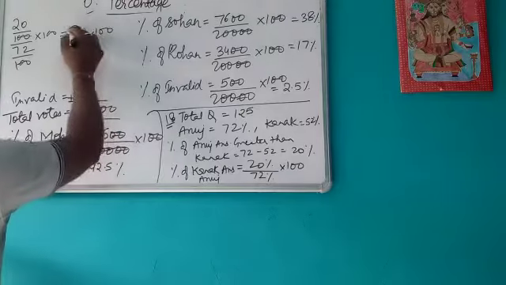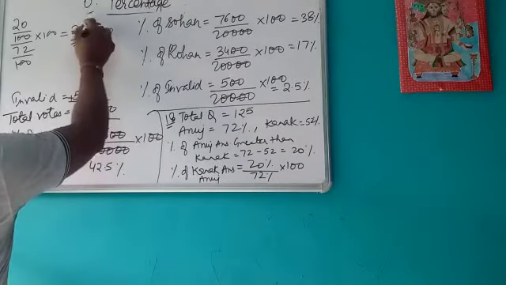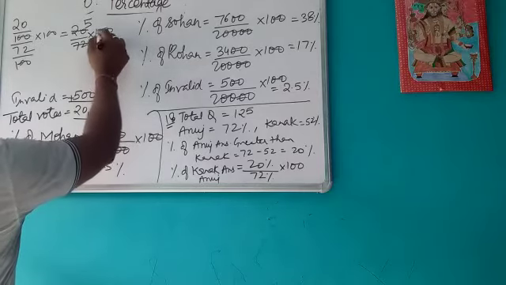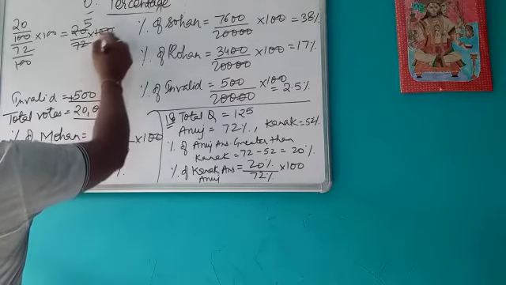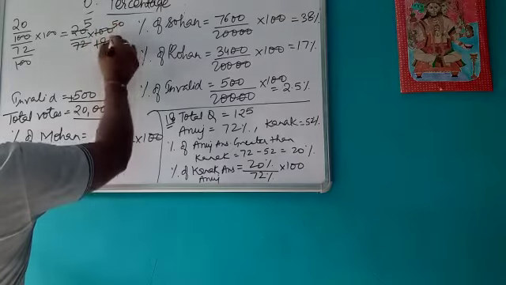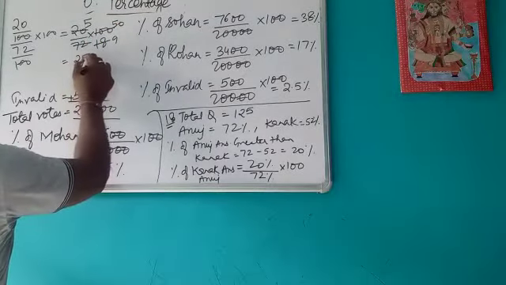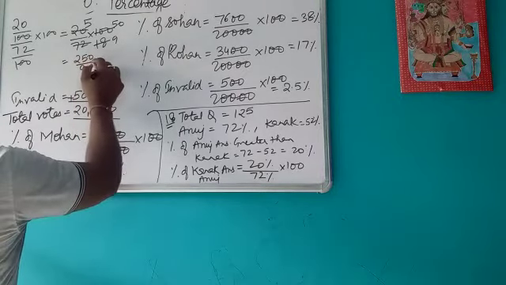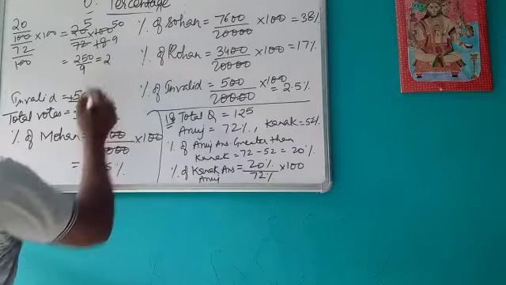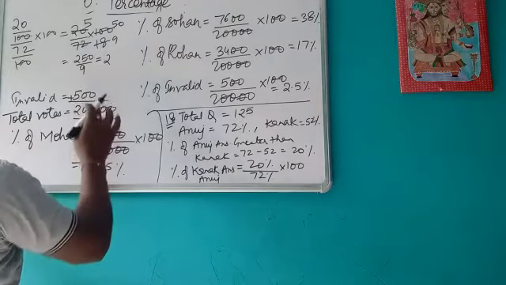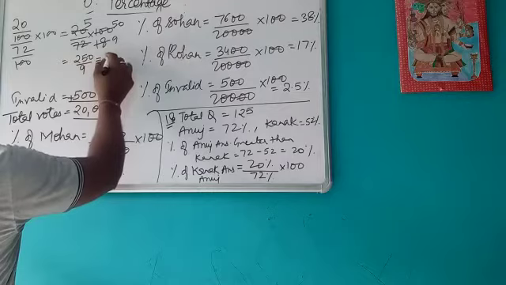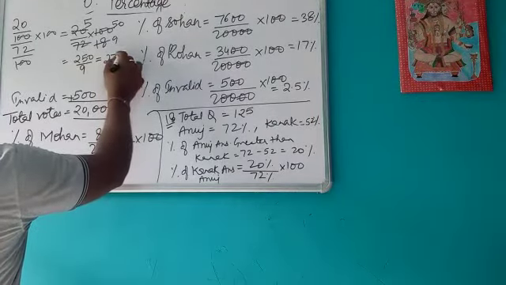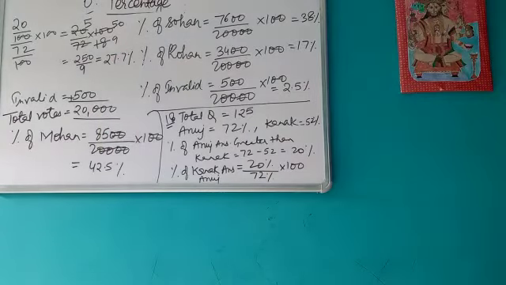Okay, so let's do some simplification. So it is 250 upon 9%. Or you can write 27.7%.